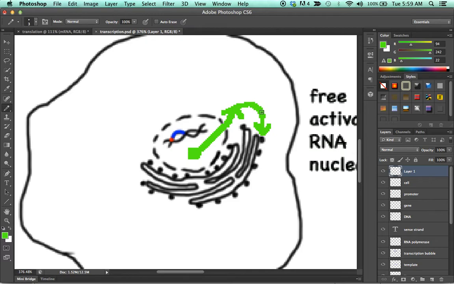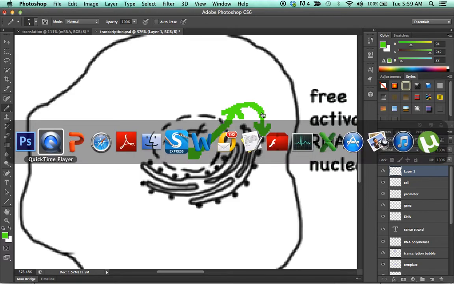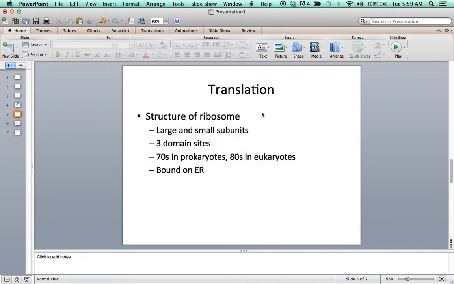Alright, before we discuss further the process of translation, we need to discuss some necessary information that the translation involves. First, translation involves the ribosomes. Our ribosomes are made of two subunits, the large and small subunits.